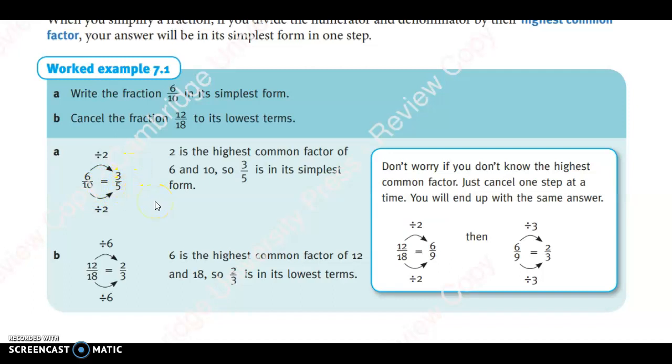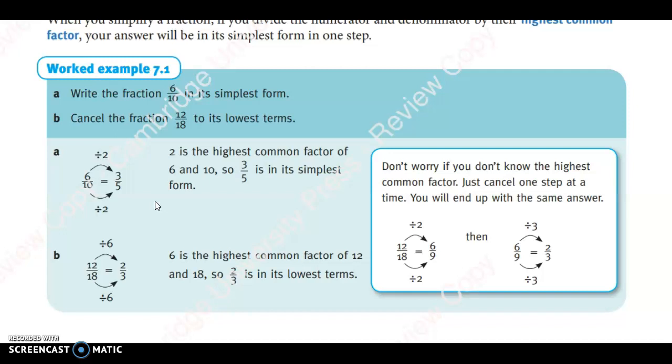Now the second one, cancel the fraction 12 out of 18 to its lowest terms. What is the greatest common factor of 12 and 18? Is it 2? No, maybe we have another number greater than 2. Is it 3?